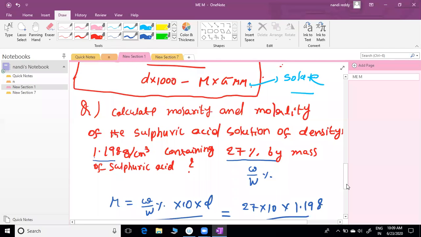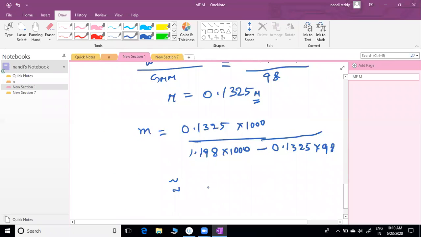So I hope you should get an answer here, approximately 0.1342. Even if you are getting 0.1 onwards, fine. Approximate answer. Check it.